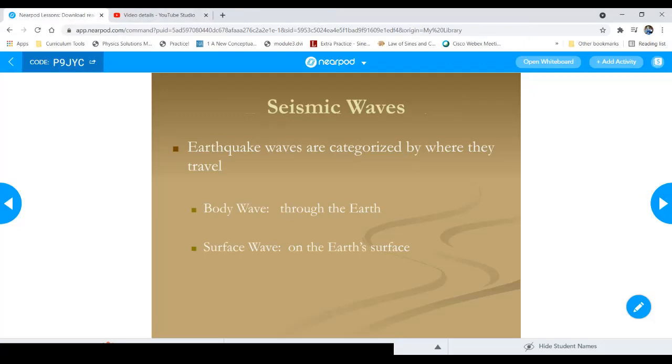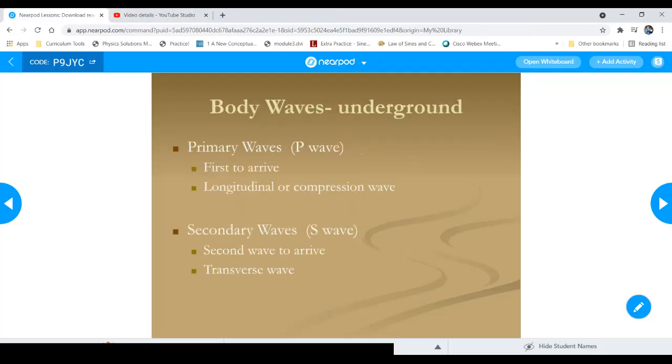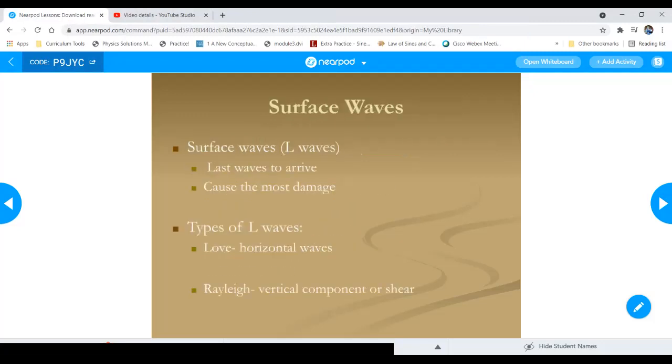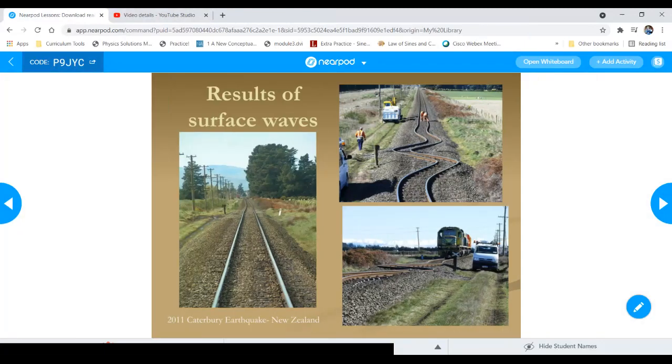So like I said, the earthquake waves, we're not going to go over body waves and surface waves because that doesn't apply to you. This is just showing you the effects of waves. I want you to take a look at these train tracks.